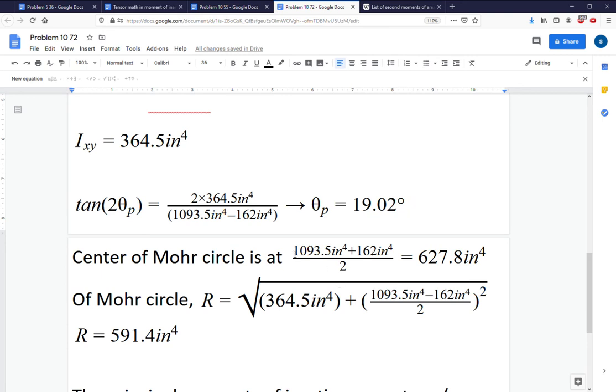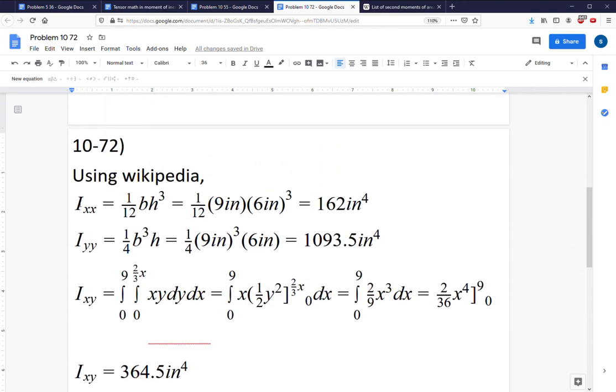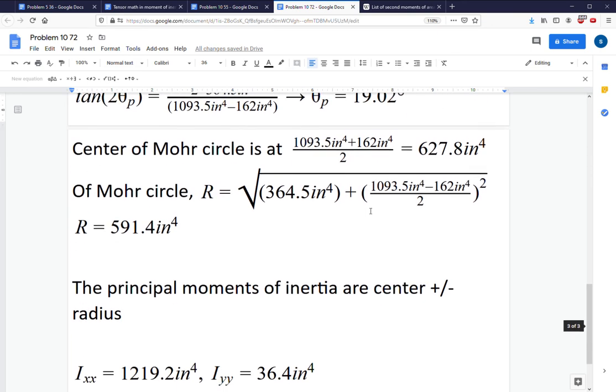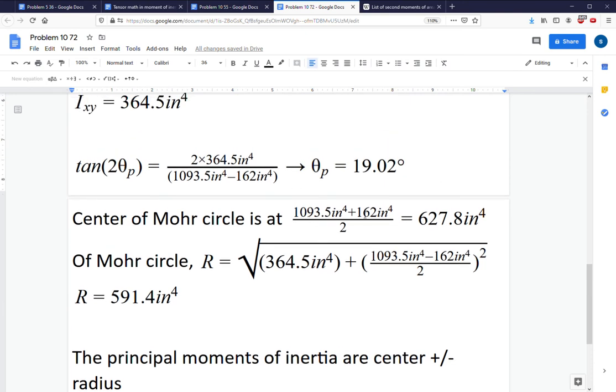First, to find the center of the Mohr circle, I take the average of the two diagonal terms. So 1093.5 and 162. And the average of those two is 627.8 inches to the fourth power.